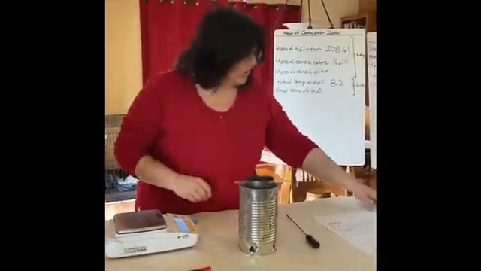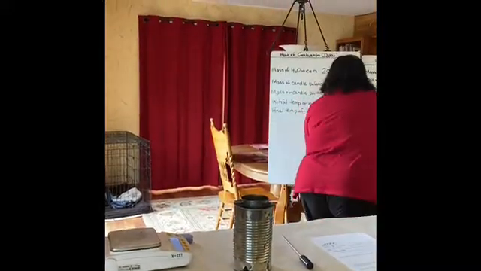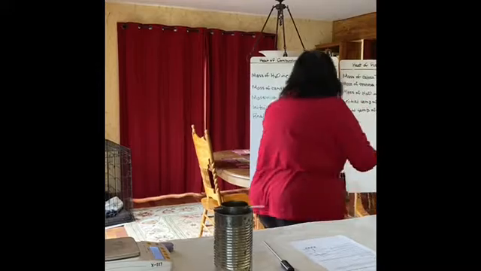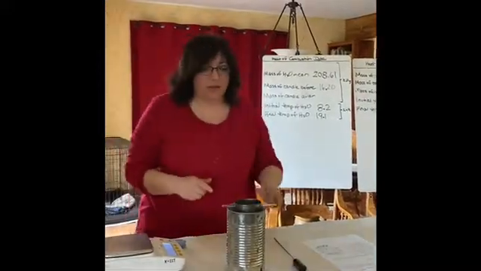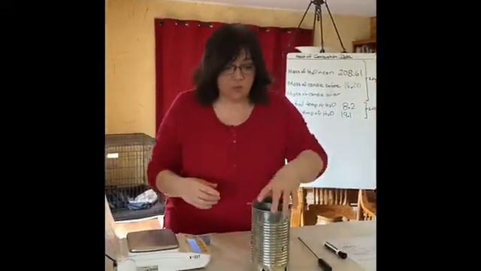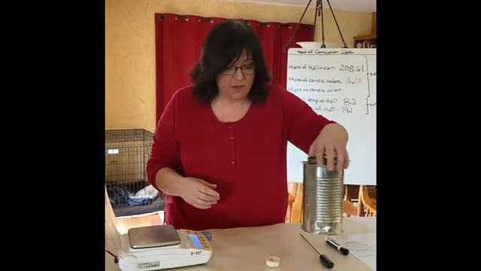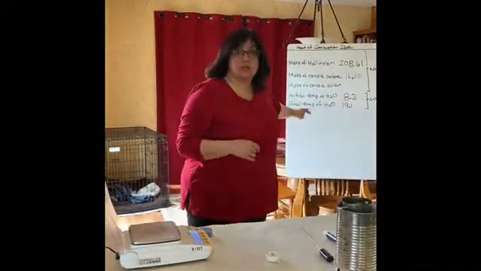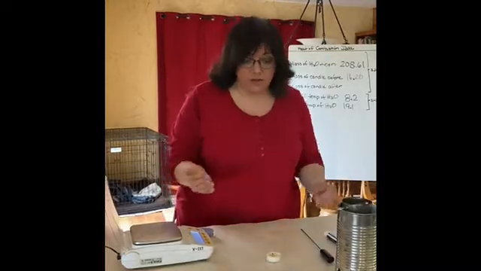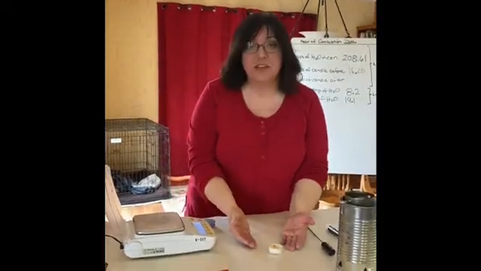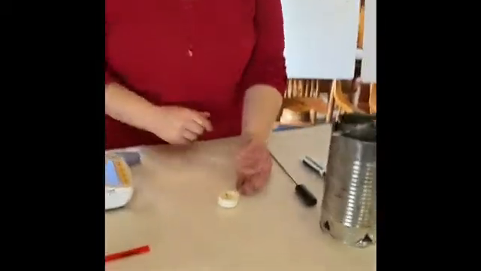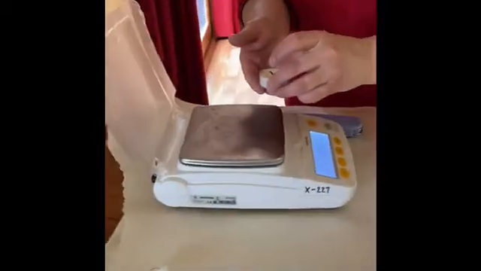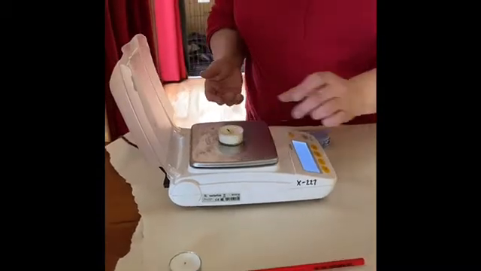Okay, the other thing we need to do is get the mass of the candle that's left over, what didn't burn, because remember, that energy that we measured that caused this temp change is from the candle that burned. We got a huge amount of candle that didn't burn. So we want to weigh this and see how much of the candle didn't burn.